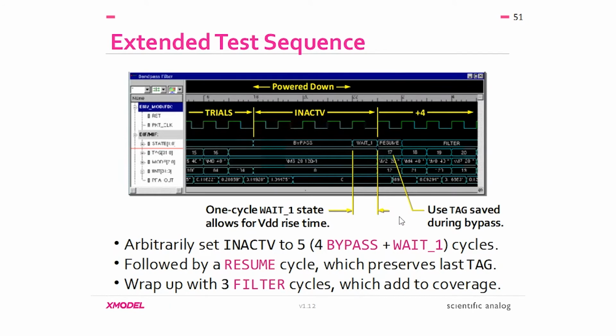An important point is that during these inactive states, we want to temporarily disable the gathering of coverage metrics, and we'll see how to do that in section 8. And then we re-enable metrics, and so these last 4 cycles will contribute to the coverage metrics overall.